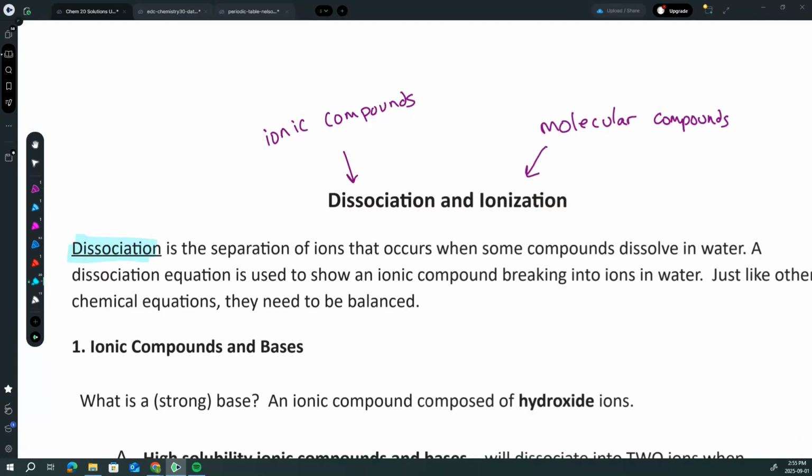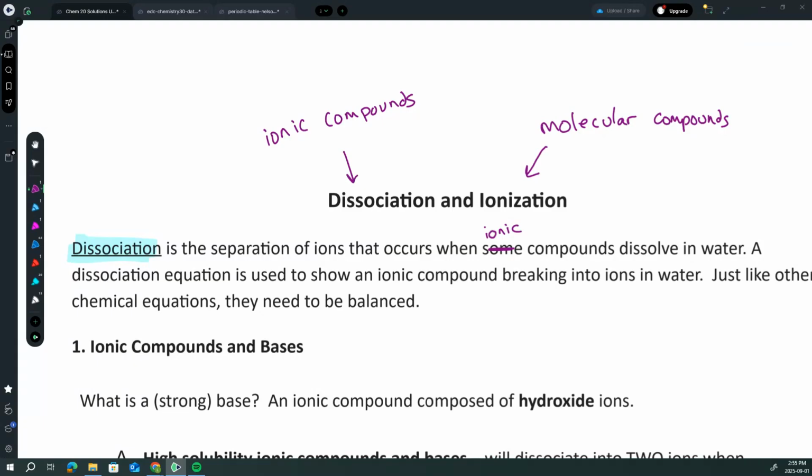So as we've said, dissociation is the separation of ions that occurs when ionic compounds dissolve in water. Okay, so keep in mind, dissociation is a part of the dissolving process, but they are not necessarily the same.